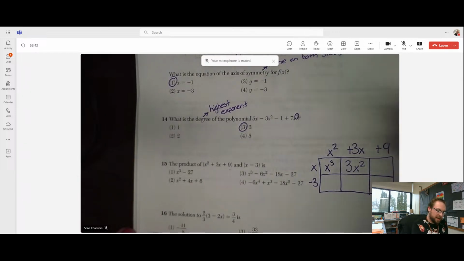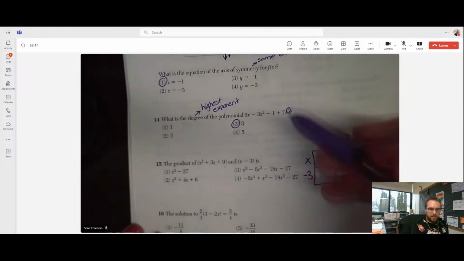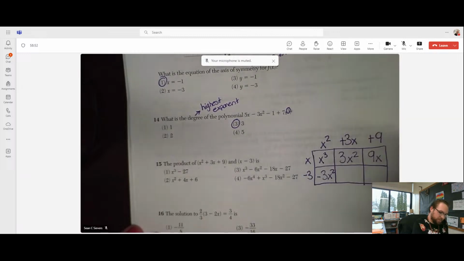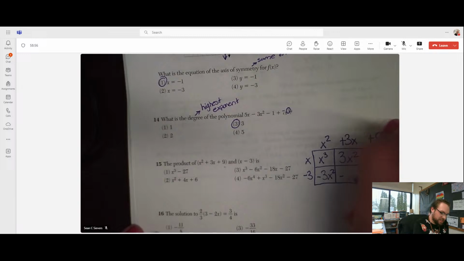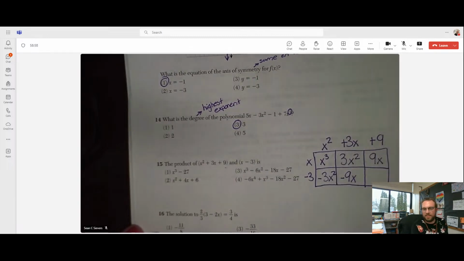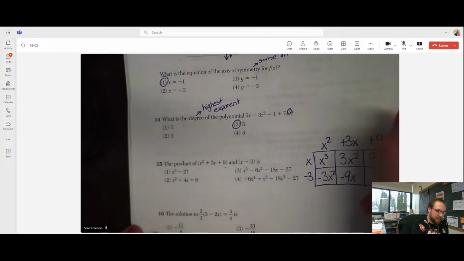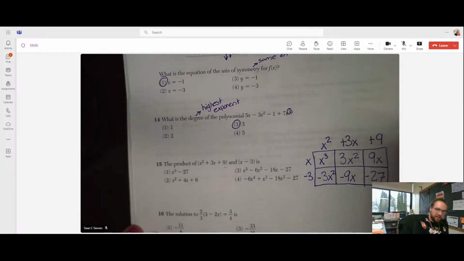X times 9 is 9x. Negative 3 times x squared is negative 3x squared. Negative 3 times positive 3x will give us negative 9x. And then negative 3 times positive 9 will give us a negative 27.